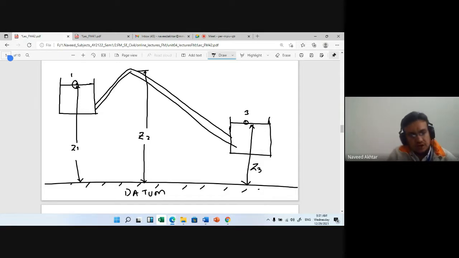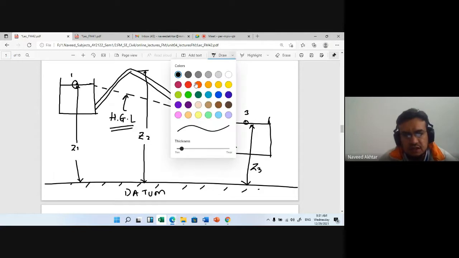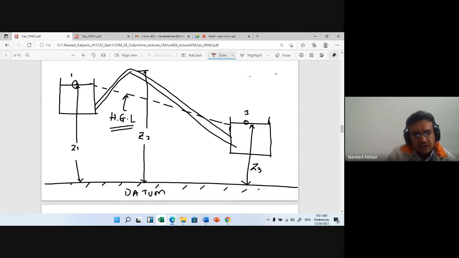And when you draw the HGL, the hydraulic gradient line, which will be the line of pressures, it will be like that. Can you understand this?